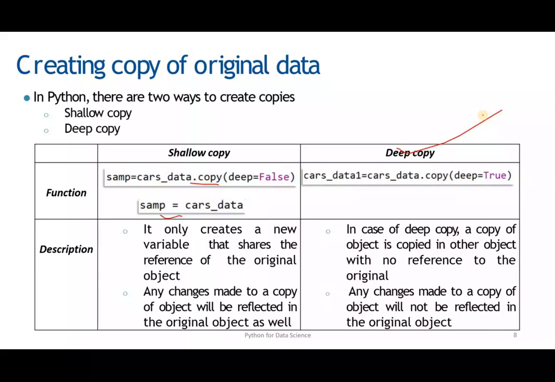So there are two cases. You can choose any of the copies according to your requirements. Whenever you want to do any modifications and reflect them back to the original data, in that case we can use shallow copy. Whereas if you want to keep the original data untouched and whatever changes you make should be reflected in the copy alone, then you can use a deep copy.